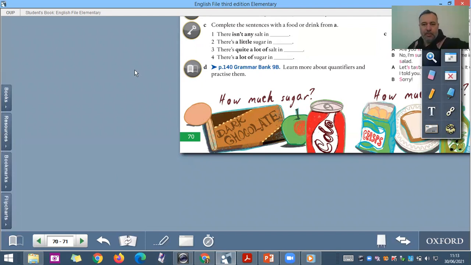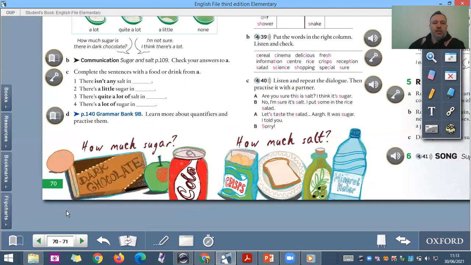Now let's bring it back here. Okay, so you have sugar and salt. Okay, so these are the foods. I don't think you can call them foods, but anyway, this is dark chocolate, egg, apple, and Coke. And this is crisps, a slice of bread, olive oil, and mineral water. All right.